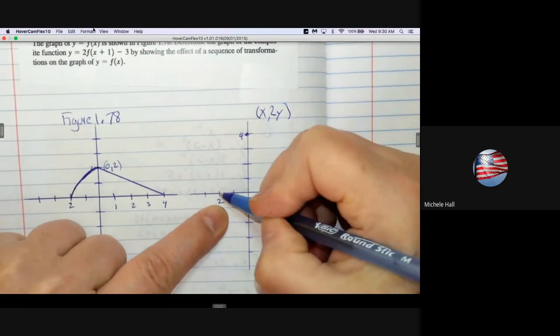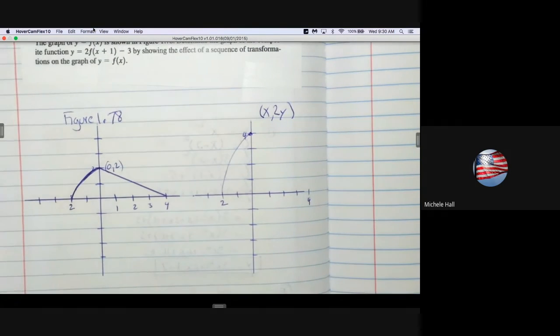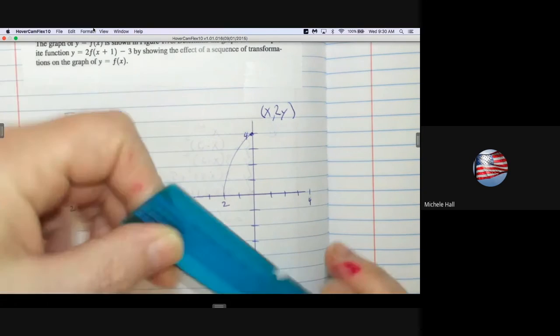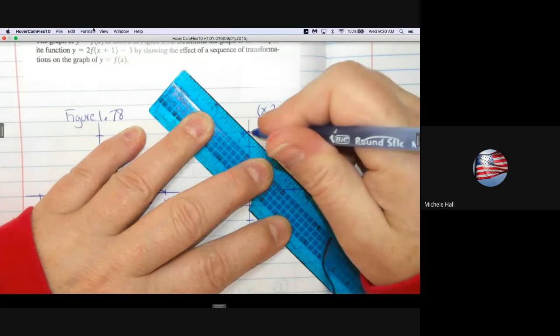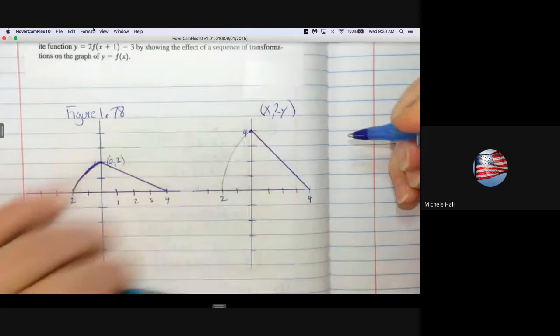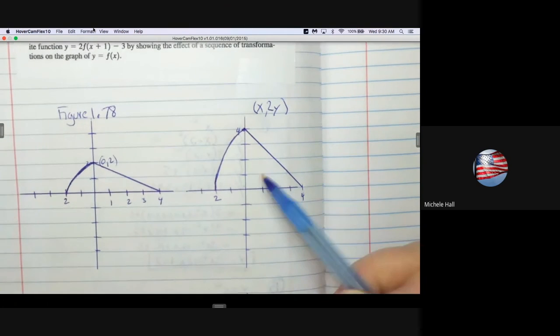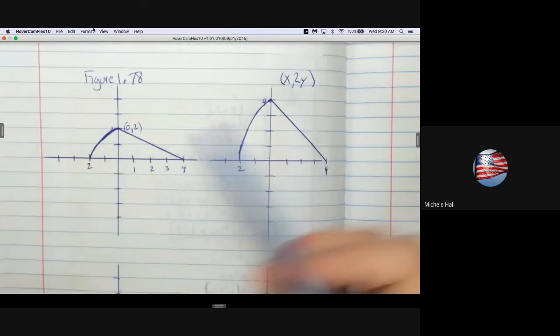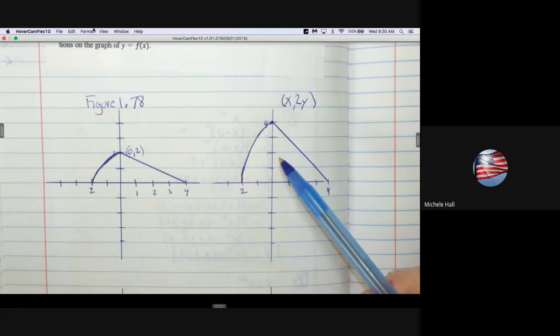So I would still have this coming up like this at a curve, and then it would be a straight line going down. Okay, there's the first one. Now using this one, I'm continuing on. I'm not going to go back to the original. I am going to be using this one in the next one.